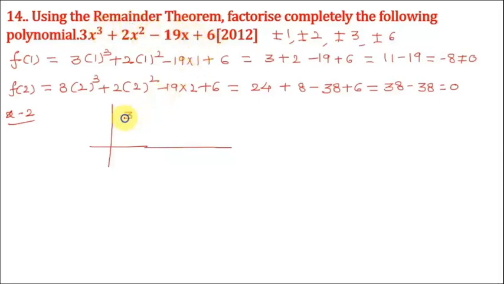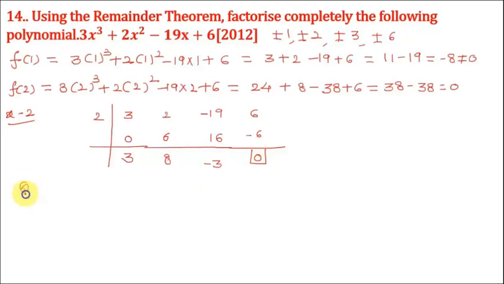The coefficients are 3, 2, minus 19 and 6. x minus 2, put here 2, and 0. 3 plus 0 is 3. 3 into 2 is 6. 2 plus 6 is 8. 8 into 2 is 16. Minus 19 plus 16 is minus 3. Minus 3 into 2 is minus 6. And overall, finally, this is 0.